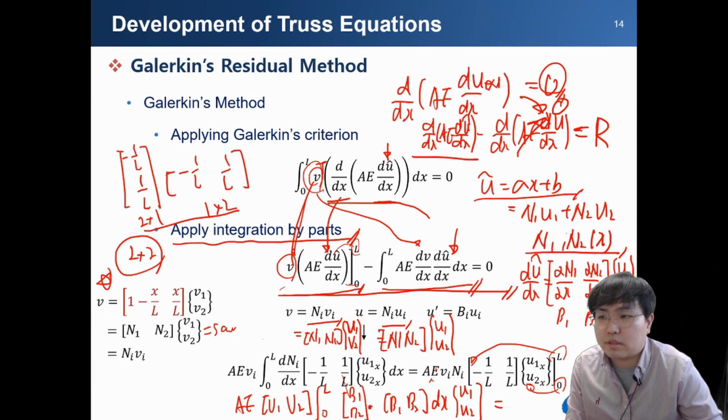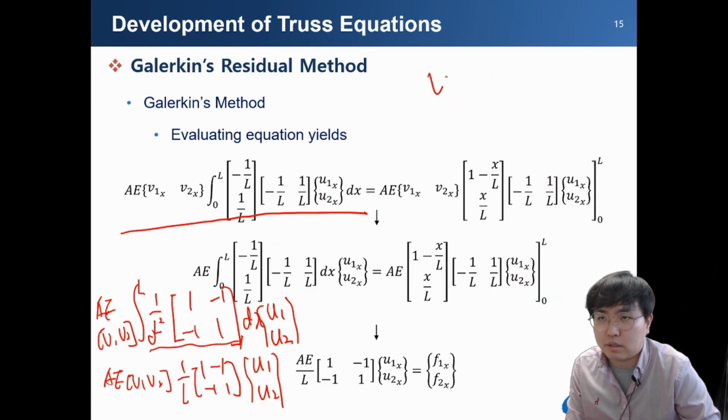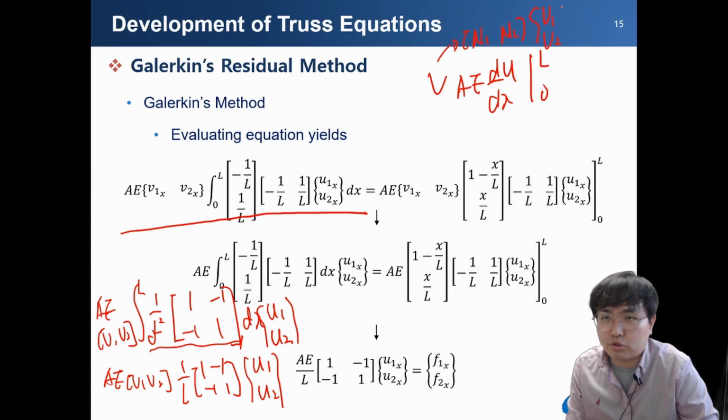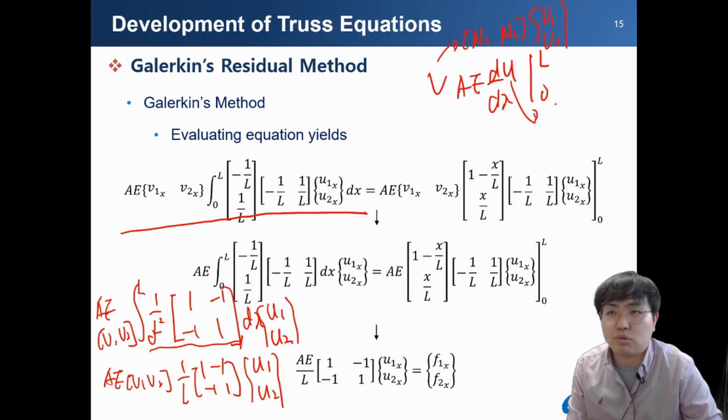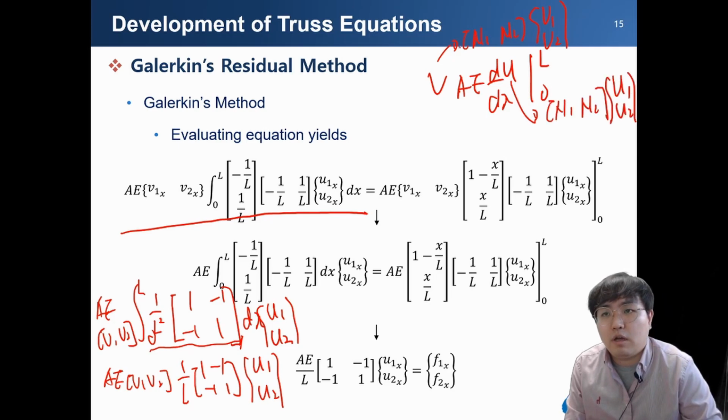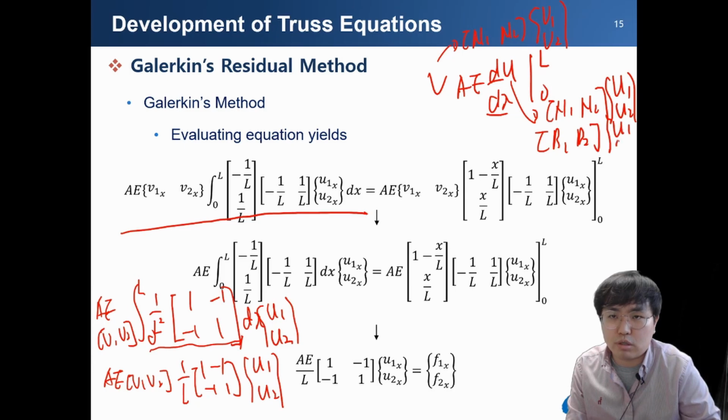In the previous slide, we skipped the details. Here, v can actually use n1 and n2 and v1 and v2, and u can use the same function formulation. But this u is derived by x, so it becomes b1 and b2 and u1 and u2.